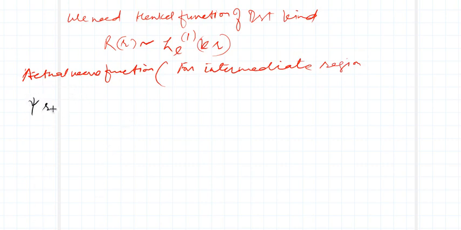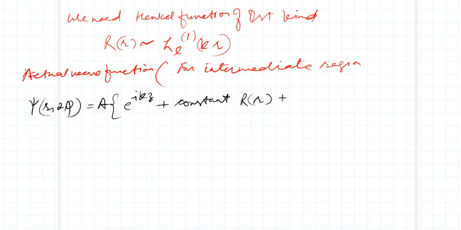The total wave function is psi r theta phi, and it consists of incoming and outgoing wave. As we have defined it in this manner, e raised to power iota kz plus some constant, R of r, and Ylm theta and phi as we have defined in the beginning.